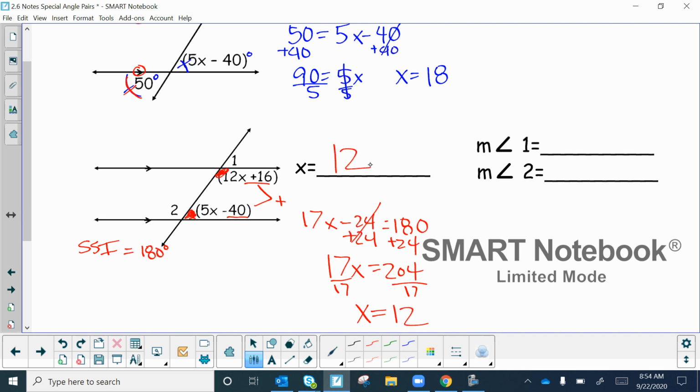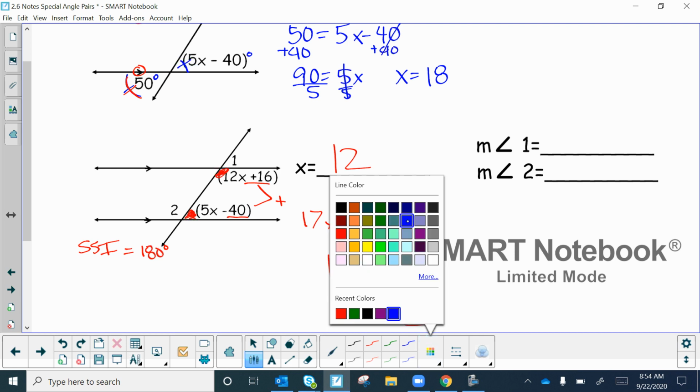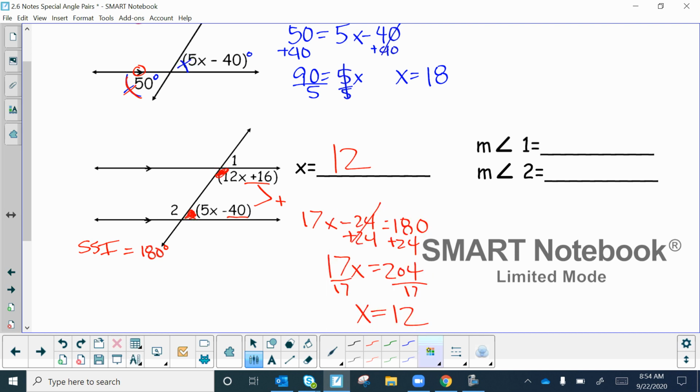And so now we want to definitely plug 12 back in to get an angle measure. And so I'm going to do this one down here. I'm going to plug in 12 for x. So 12 times 5 is 60. And then 60 minus 40 is 20. So this angle right here is 20 degrees. And so if that's 20 degrees, this one's 20 degrees.